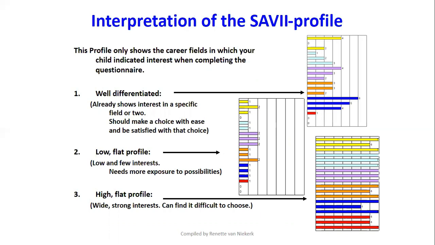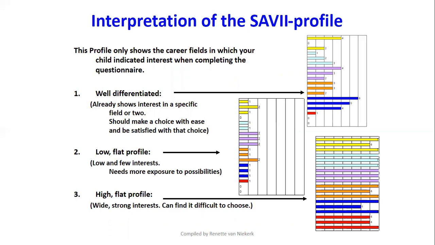So a well differentiated profile will be one that shows very definite peaks, 1 or 2 peaks in interest in a certain field or 2, and the girls with those types of profiles will usually find it easier to make a choice, and they will be more satisfied with the choice they made.